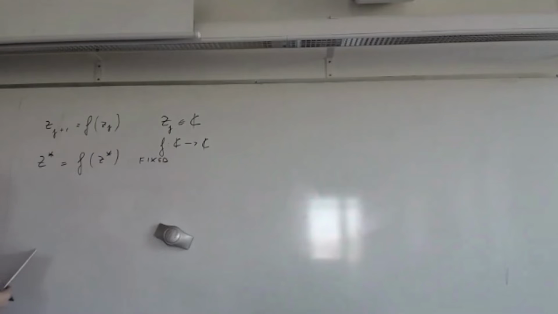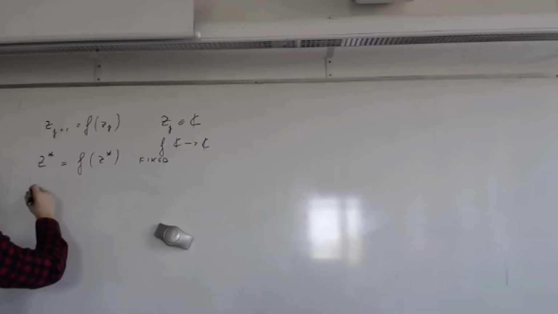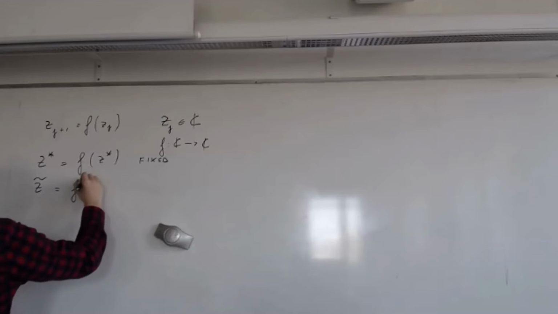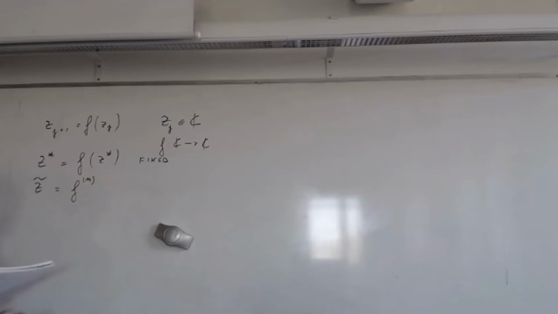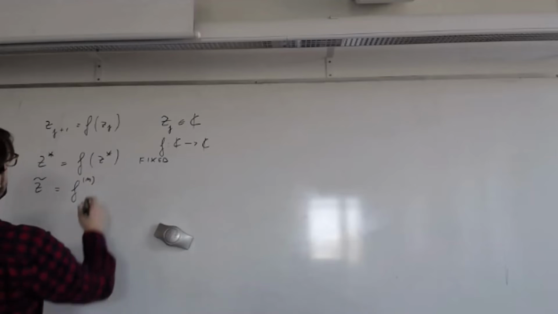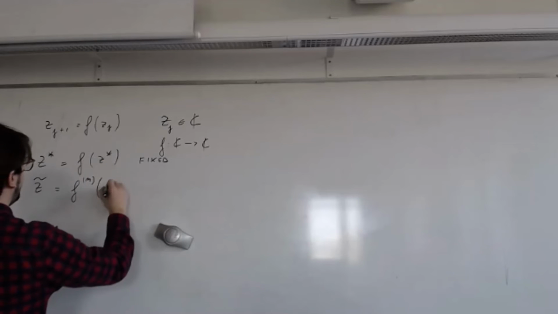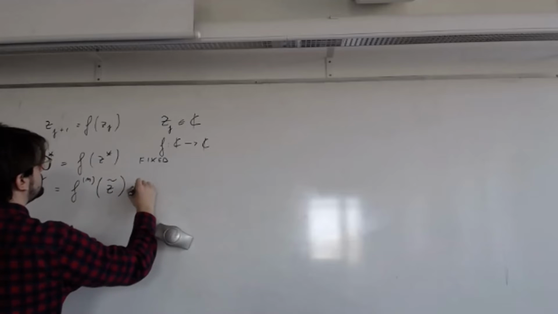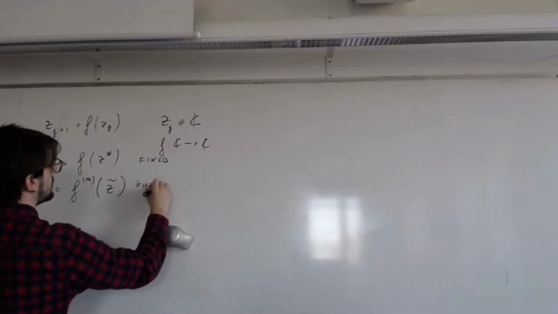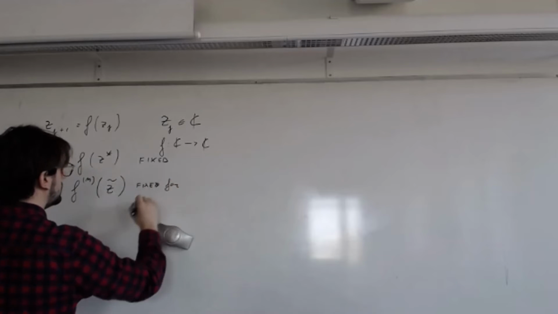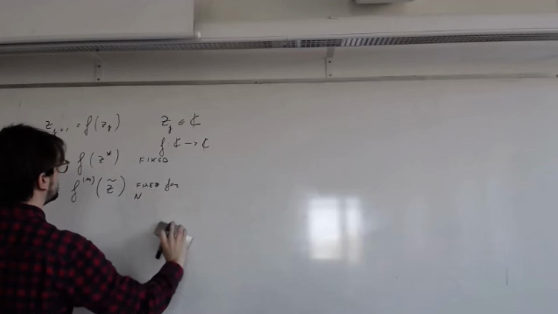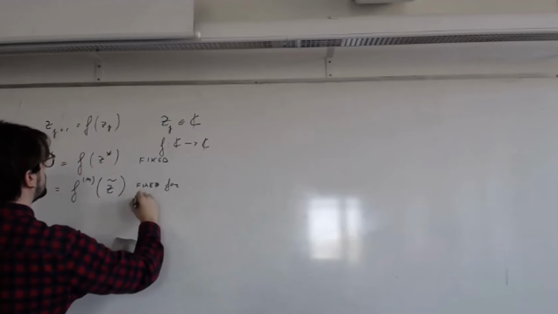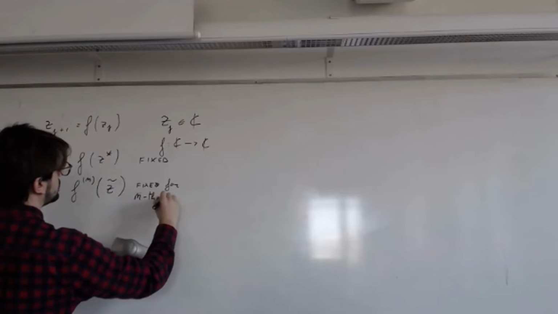And then you can define the fixed point, which I take with a tilde, of the nth return map. So f is the first return map, f^n is the nth return map. So this is a fixed point for the n-th return.